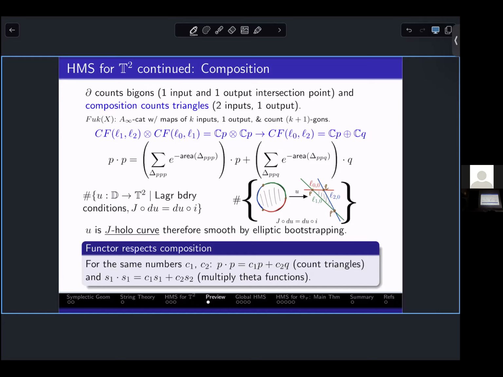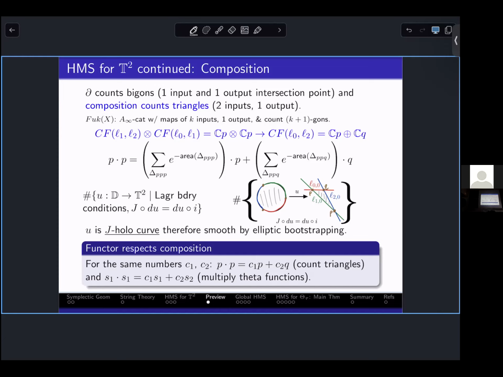So when we multiply, we have a sum over triangles between P, P, and P, and we have a sum over triangles between P, P, and Q. And they can be of increasing area. So we have all the homology classes that are getting larger and larger, and the area of each of them. So this is an infinite series, this is an infinite series.